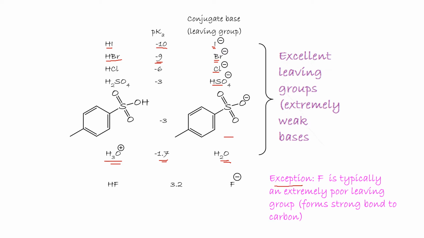Exception, F is typically an extremely poor leaving group. Fluoride is a poor leaving group because it forms a strong bond to carbon. It's not easy to leave.